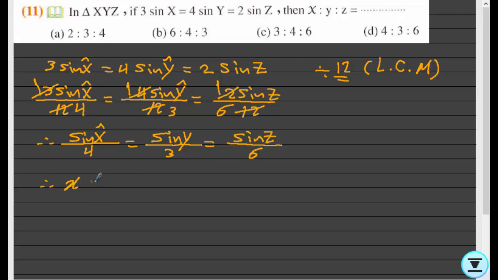So x to y to z equals 4 to 3 to 6. And the solution will be in letter C here.